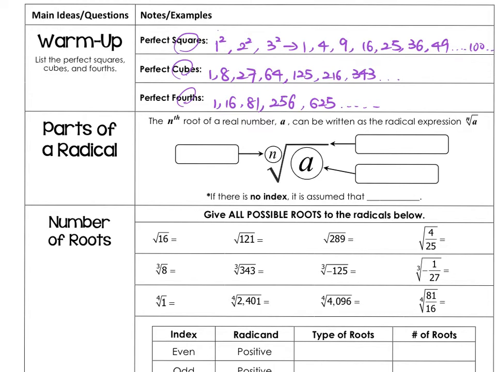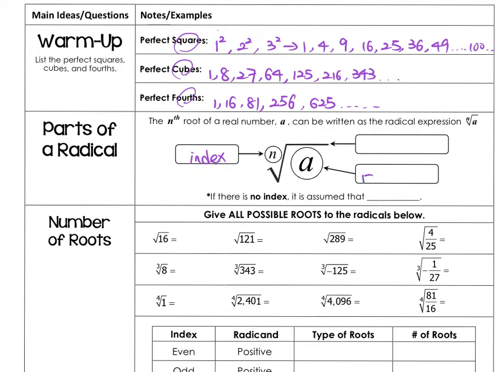Now it's going backwards. How do we take a radical of a number? So here is a graphic organizer that tells you the different parts. This little n here is called the index. And the A is called radicand. Let me rewrite that a little bit better.